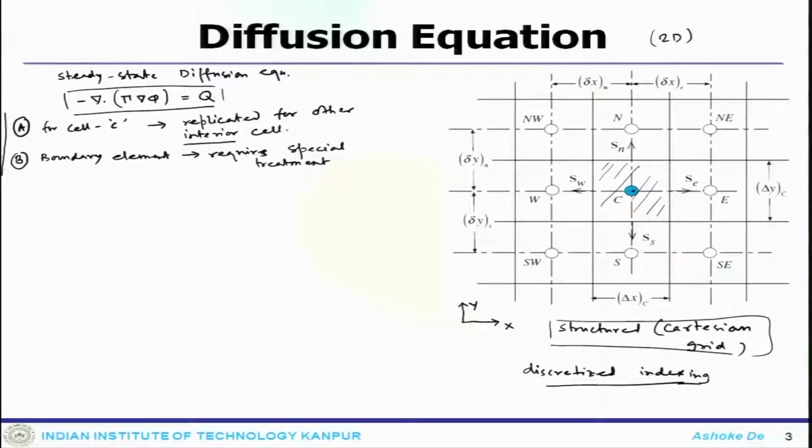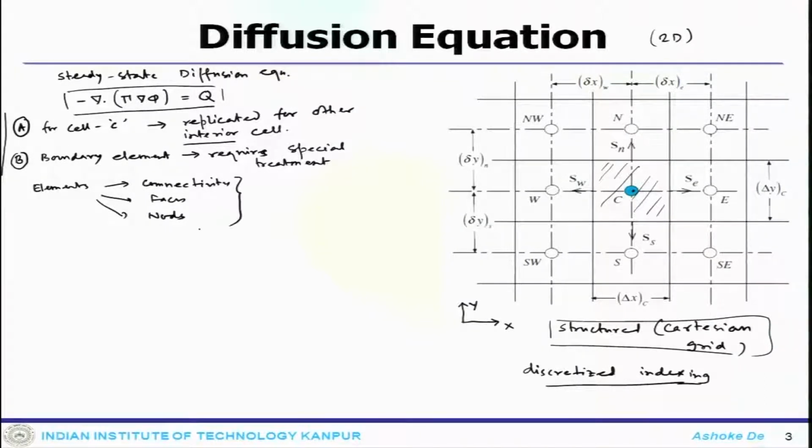For any finite volume numerical process, you have all these elements, their connectivity, connecting faces, connecting nodes.